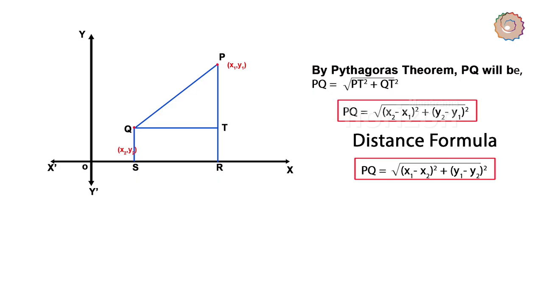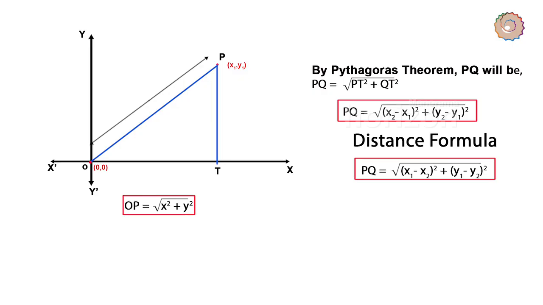Suppose one of the points is the origin, that is with coordinates (0, 0), then the distance of a point P(x, y) from the origin will be OP equals root of x square plus y square. Now that we know the distance formula, even without drawing the xy plane, we can find the distance between two coordinate points. Let's try that by working out a couple of problems.